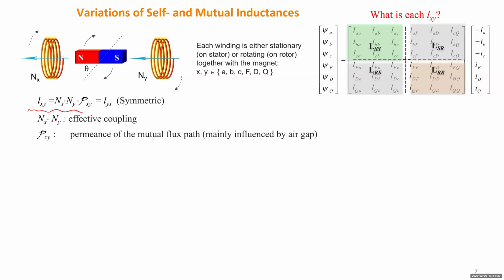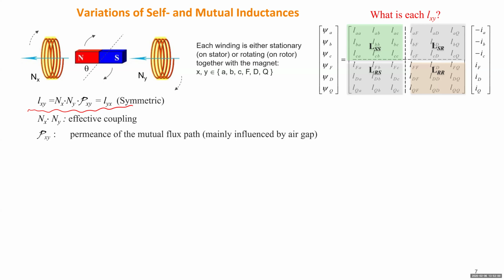This is the equation to calculate the self and mutual inductances. Each inductance involves the product of the two numbers of turns, NX times NY, multiplied by psi. Psi is called the permeance of the mutual flux path.